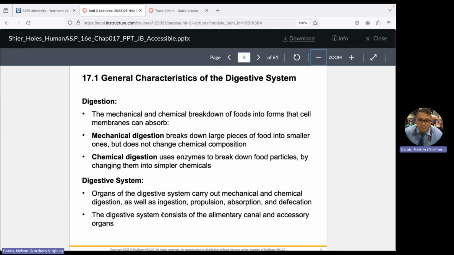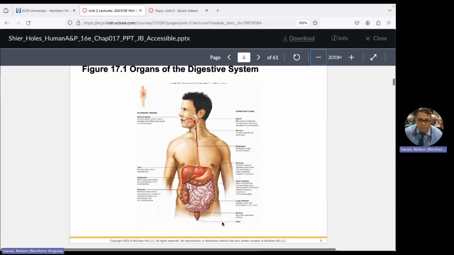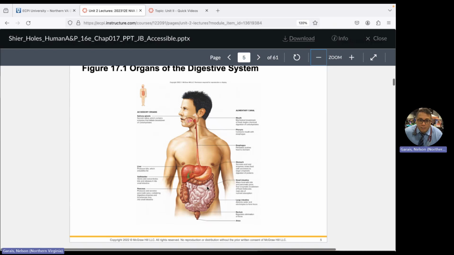That is why the digestive system is called the GI, or gastrointestinal system, or the GI tract, or also known as the alimentary canal. So it's essentially a single pathway. And slide 5 is very nice because it has all the members of your alimentary canal from your mouth to your anus and their functions.